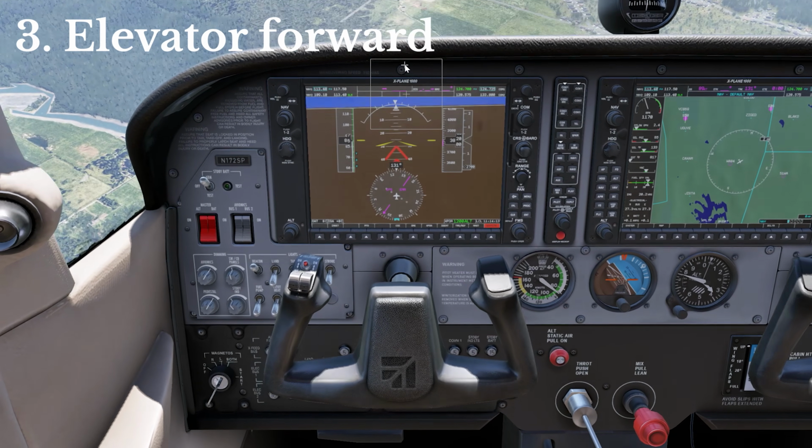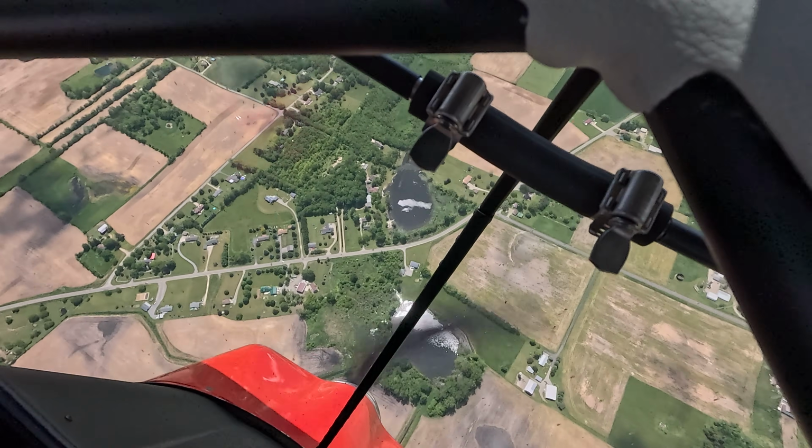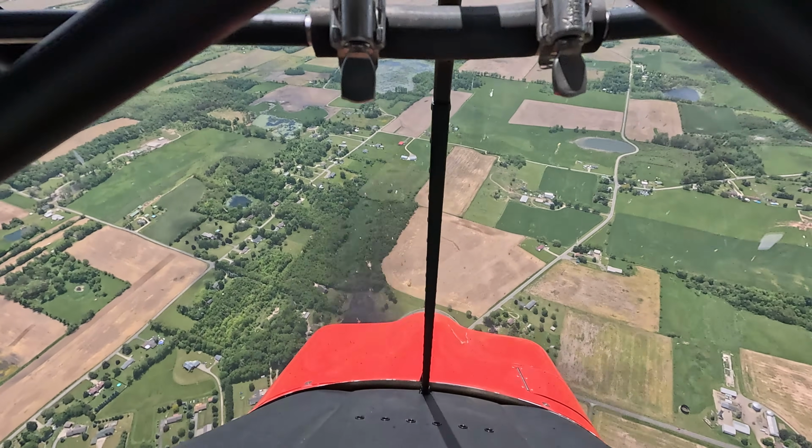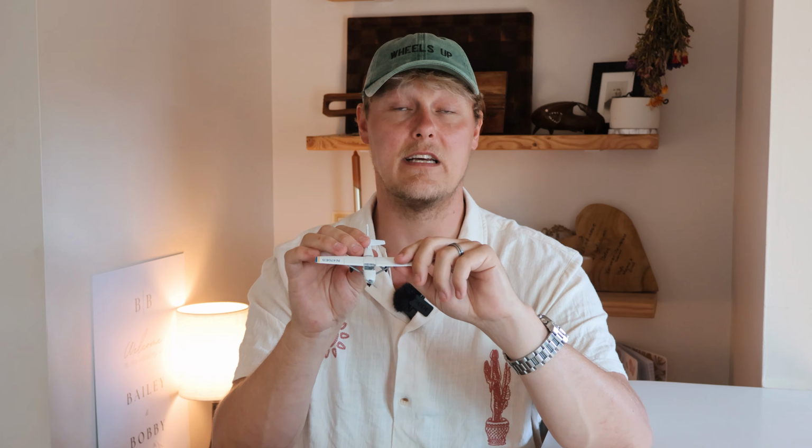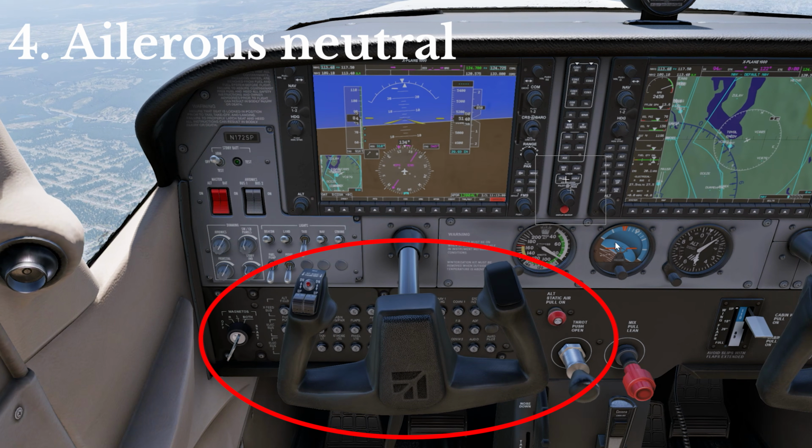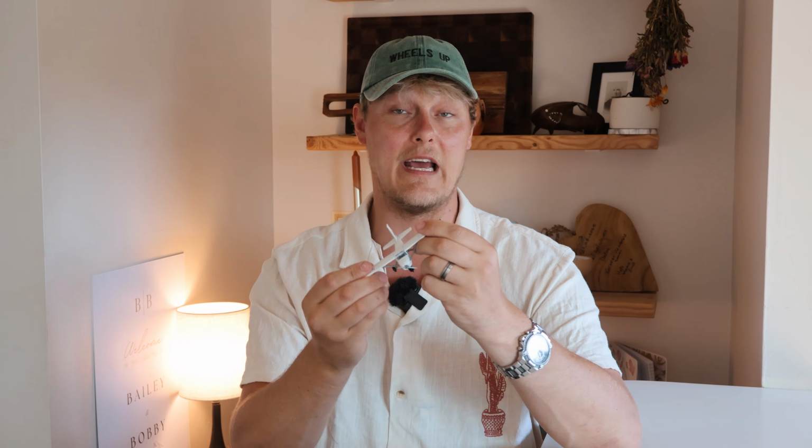We want to bring that nose down. We need to pick up airspeed to get that wind flowing over our wings again. Therefore, gain control back over our aircraft. And last but not least, ailerons neutral. If we would have any input in ailerons where the plane causes a bank, we will either stay in that stall. What we're trying to do with the ailerons neutral is to create the same angle of attack.